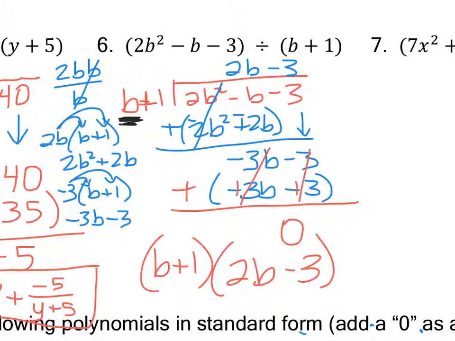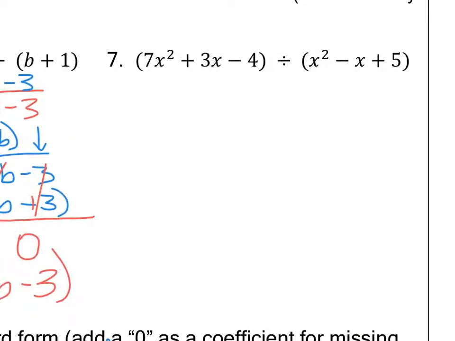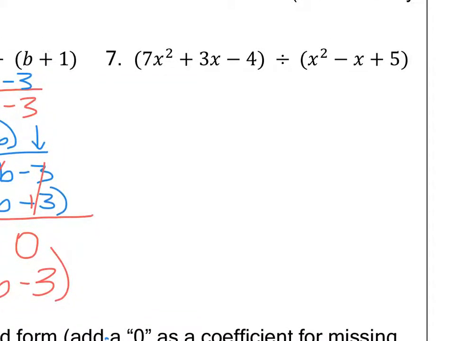Okay, let's do one more. And when you first look at this, you go, uh-oh, that's too many terms, I don't know what to do. But it's the same process. So let's go ahead first and get it set up. We have 7x squared plus 3x minus 4.